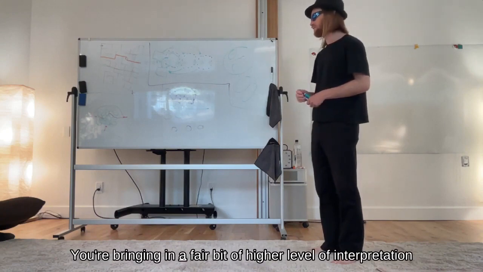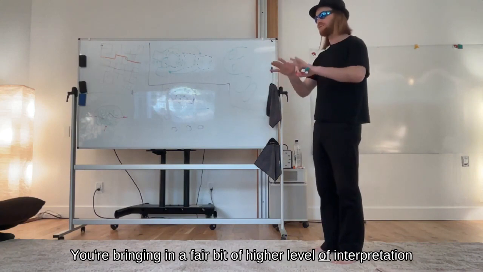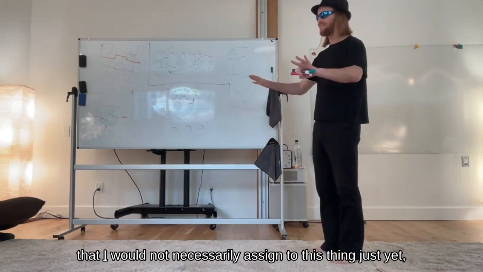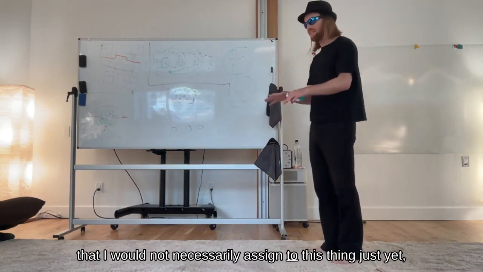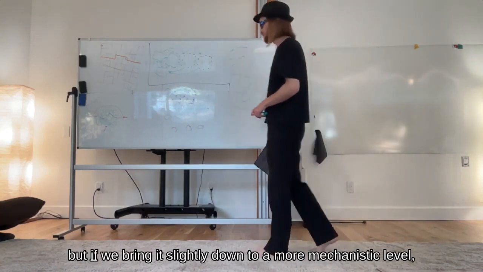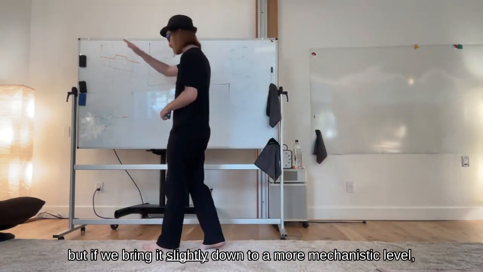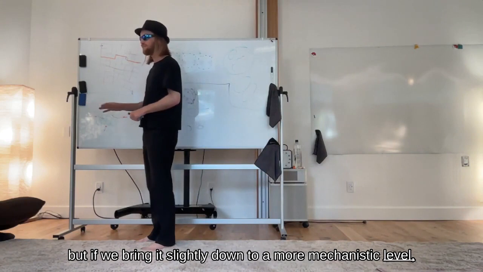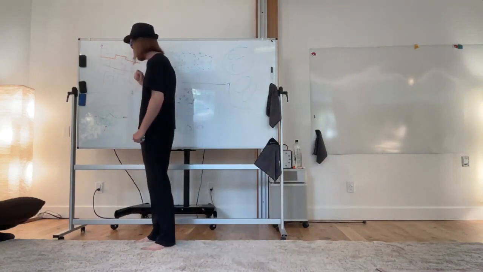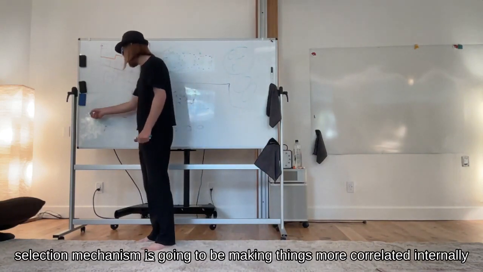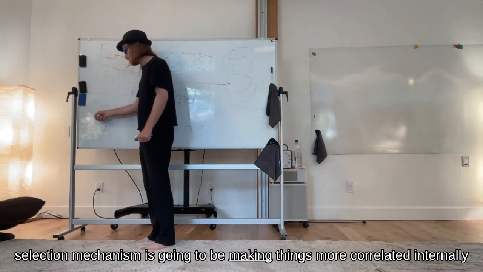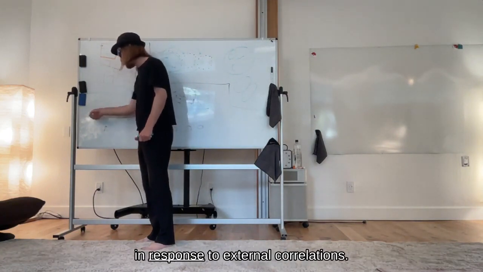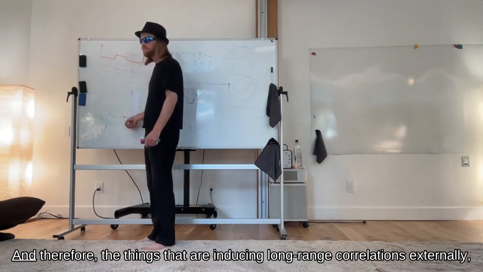You're bringing in a fair bit of higher-level interpretation that I would not necessarily assign to this just yet. If we bring it down to a more mechanistic level, we're saying the selection mechanism is going to make things more correlated internally in response to external correlations.